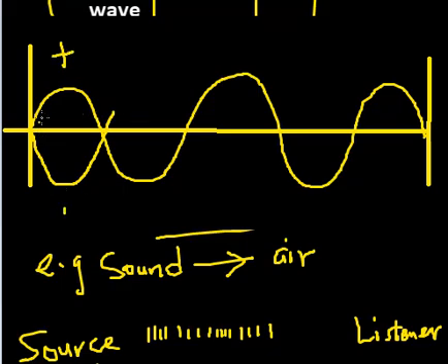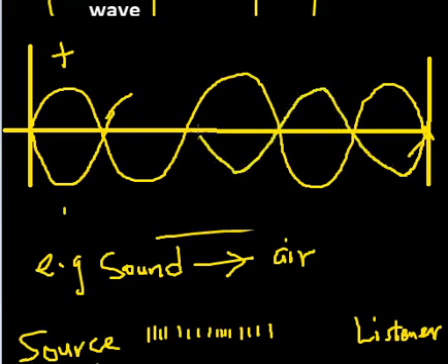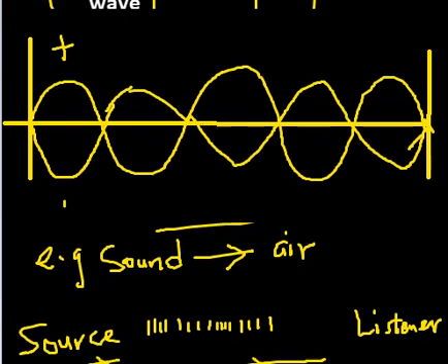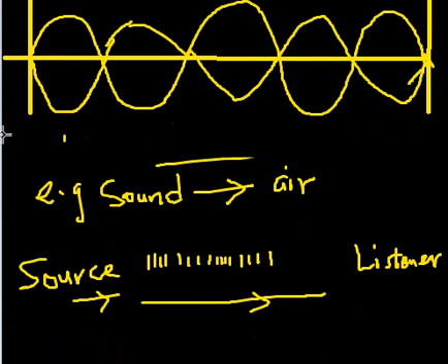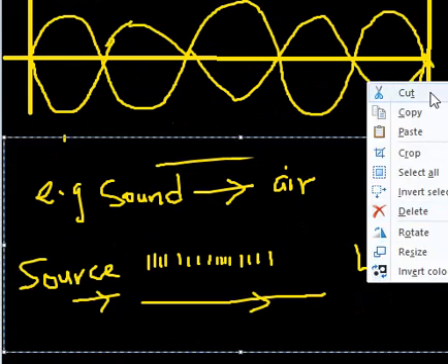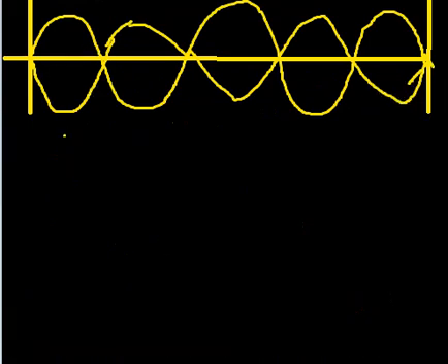So this one comes here, this one comes here, and when this one gets to this point, it reflects and moves in the opposite direction. So this is exactly what you have for a stationary wave: two identical waves traveling in opposite directions.